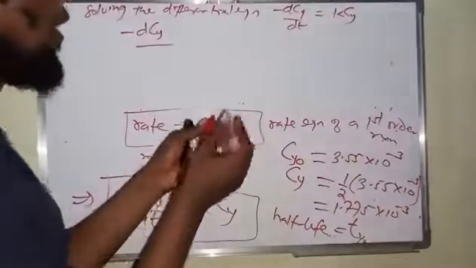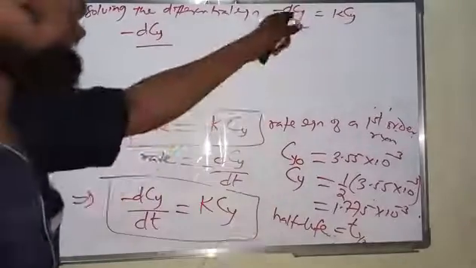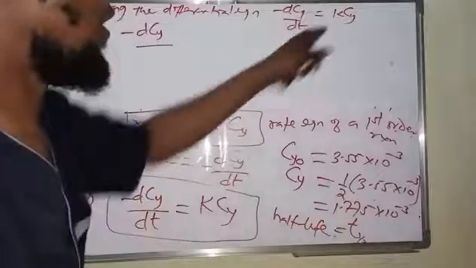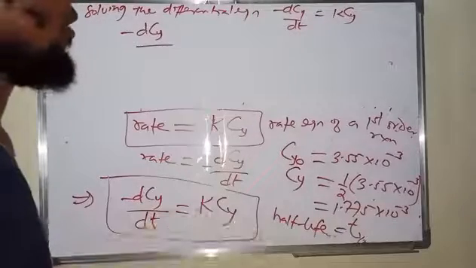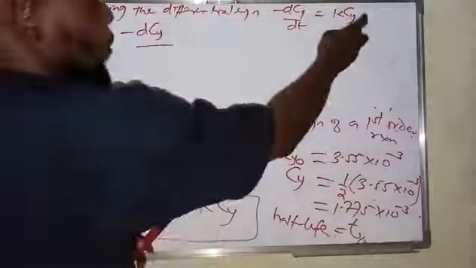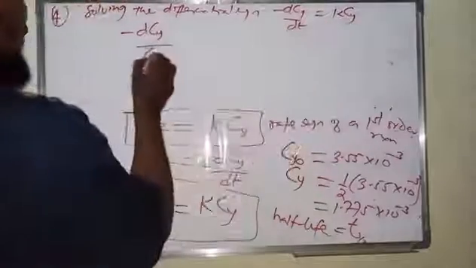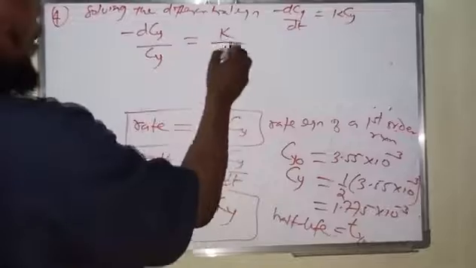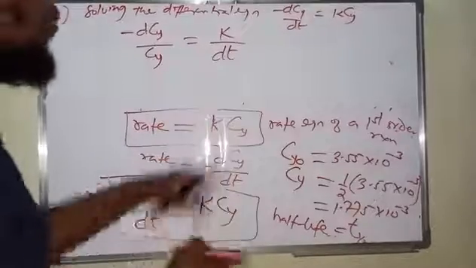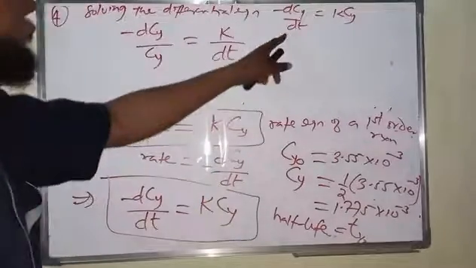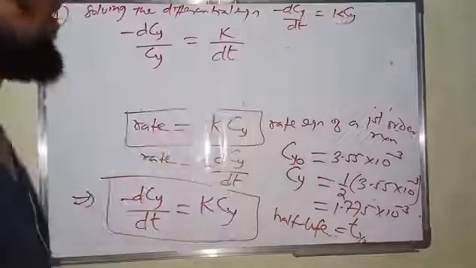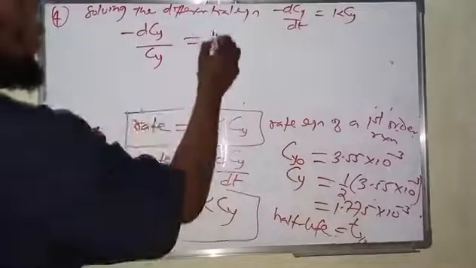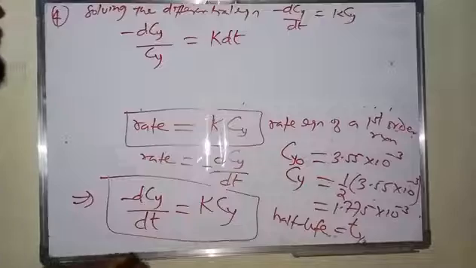We bring together the concentration terms, and together the time terms. By dividing both sides by Cy, we're going to get this, and we get dt. So we bring Cy under here, then we take dt to this side. So this should be k dt rather.